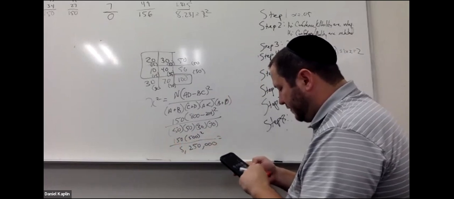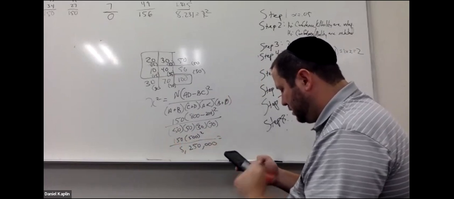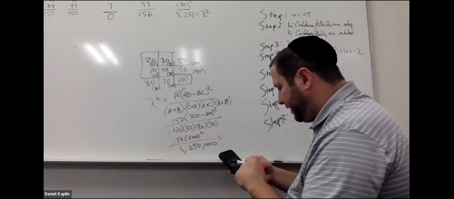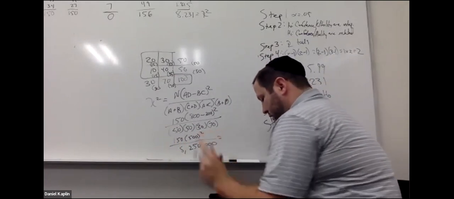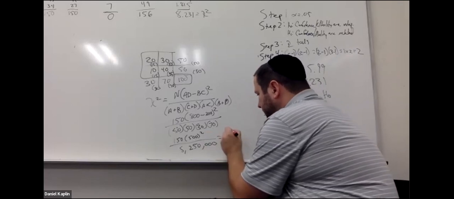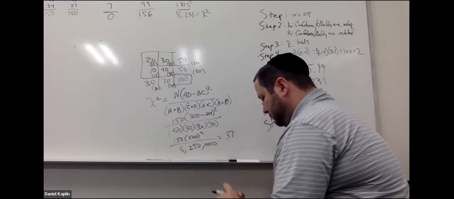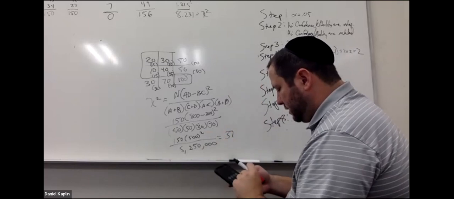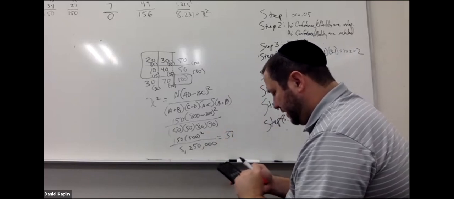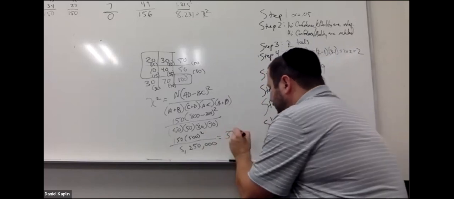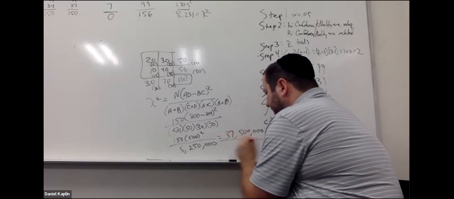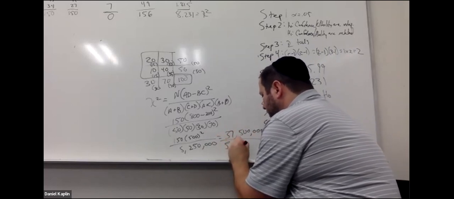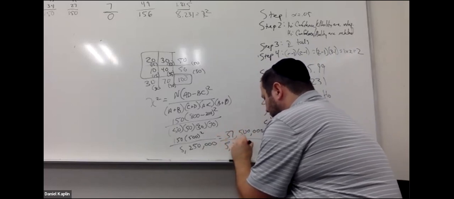Okay, so now we're going to do this. So 500 squared times 150 is going to give us, let me just double check that. 500 times 500 times 150 gives us 37,500, and we divide that by 5 million.